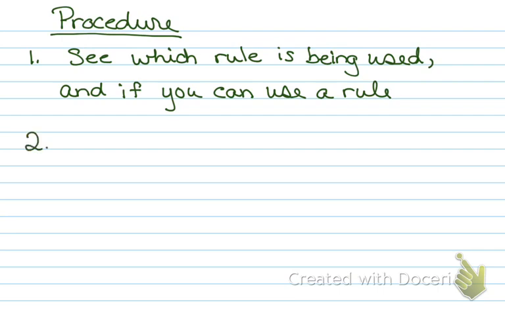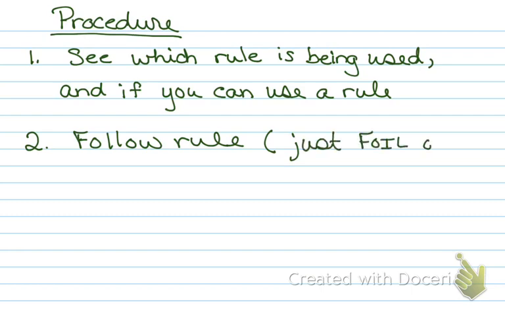If you can, follow the rule. If not, just use the FOIL method, or as we call it, the distributive or the smiley face method, to solve the problem, just like we've learned before. All right, now let's practice.